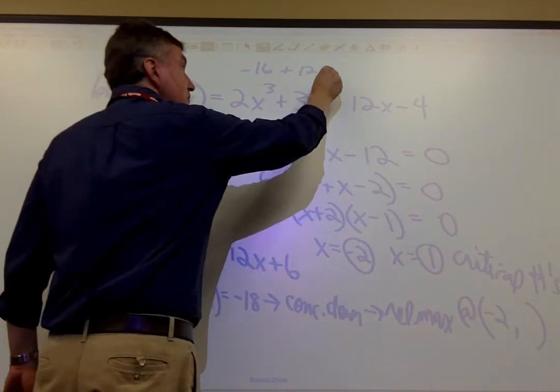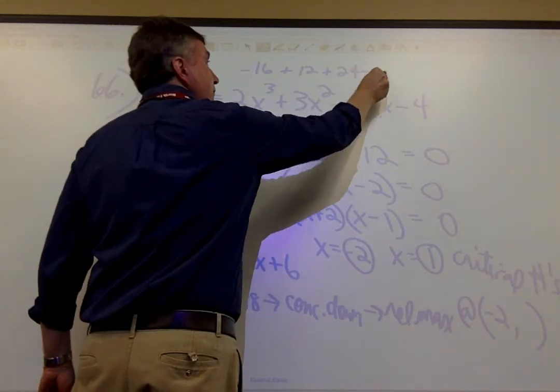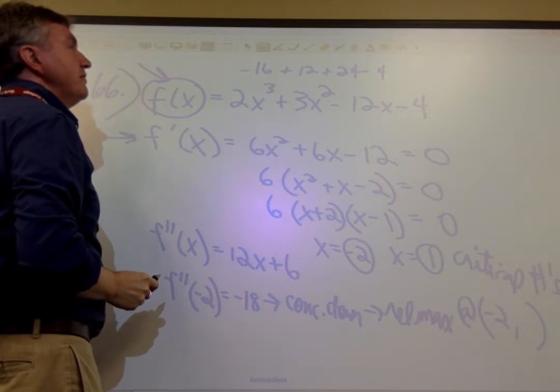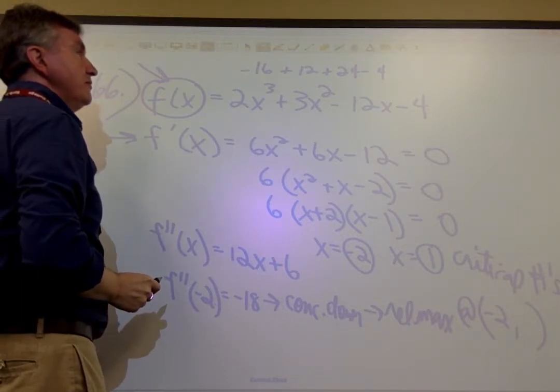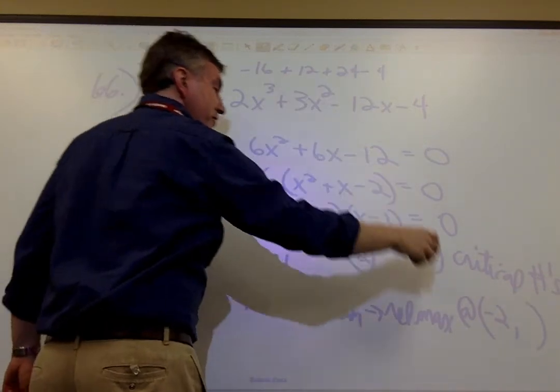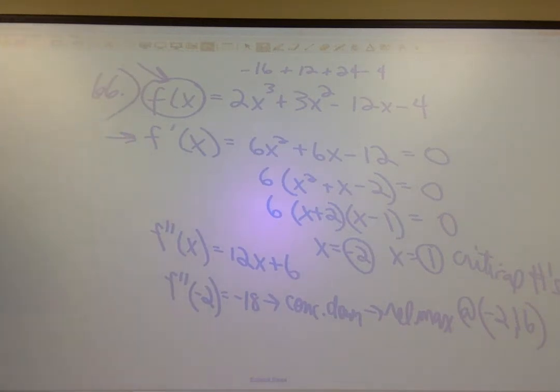Plus 24. Minus 4. 36 minus 20 is 16. Relative max at negative 2, 16. Not bad, right?